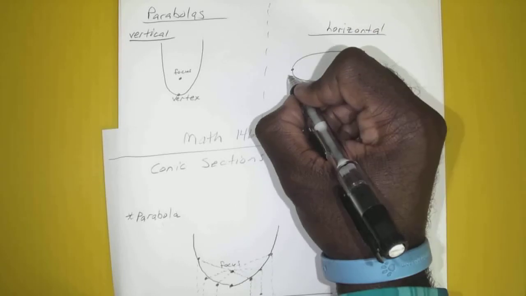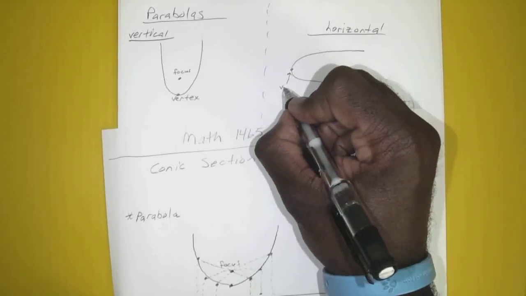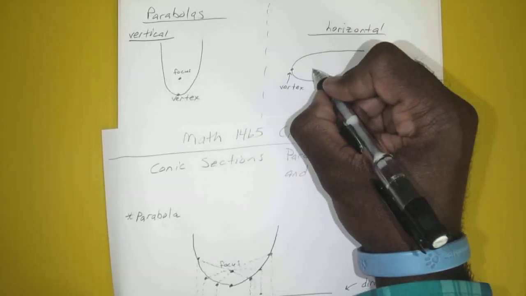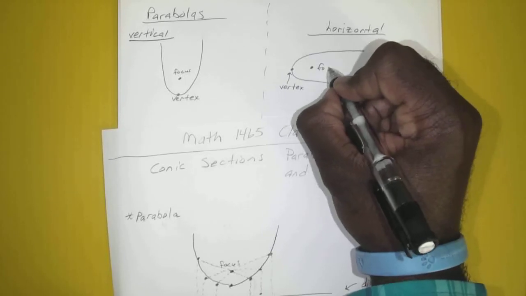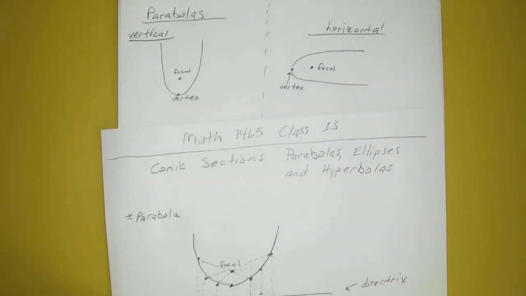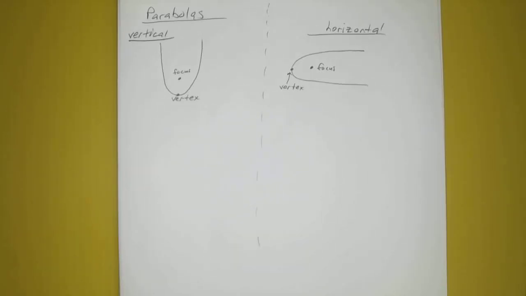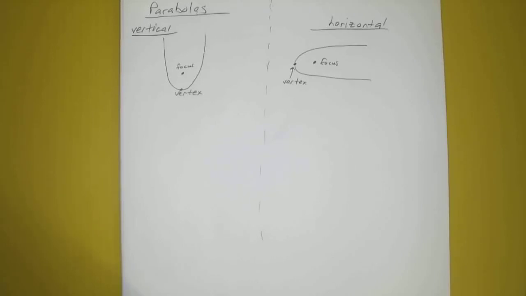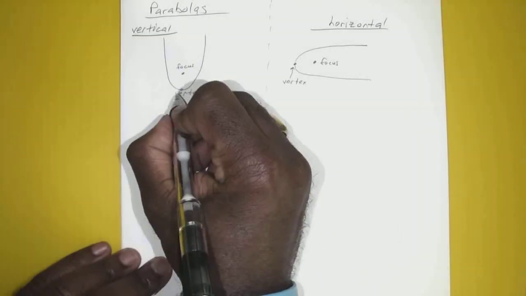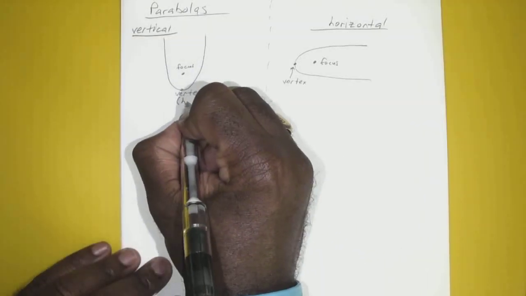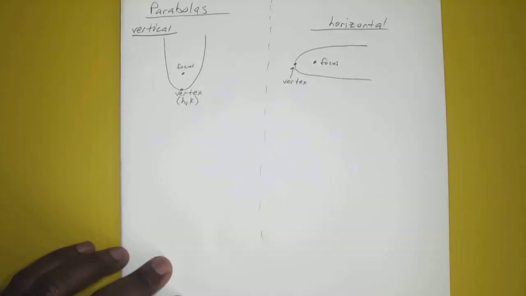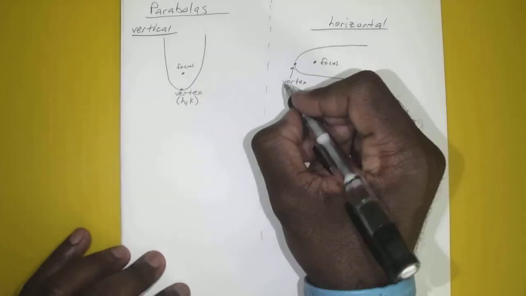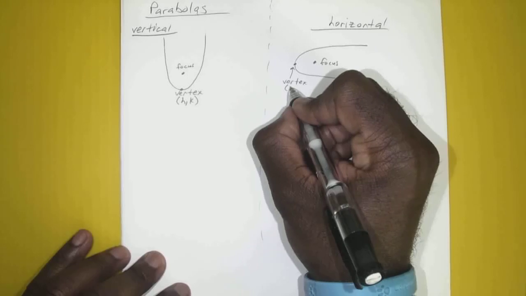That's your vertex right there. And your focus would be right there. Okay, now your vertex, we're going to make that our (h, k). And same thing here, we're going to make that (h, k).